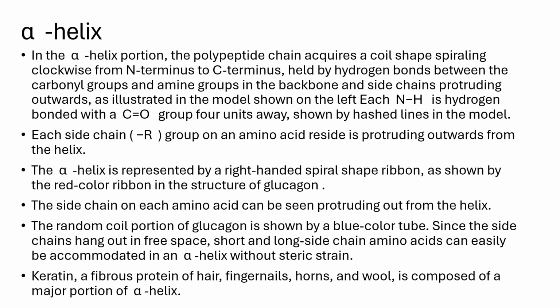Each side chain R group on an amino acid residue is protruding outwards from the helix. The alpha helix is represented by a right-handed spiral-shaped ribbon, as shown by the red ribbon in the structure of glucagon. The side chain on each amino acid can be seen protruding out from the helix.